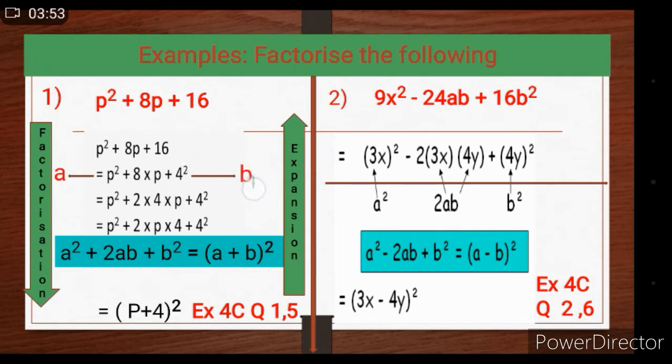After identifying the first term and second term, now split 8p as 2ab, where a is 4 and b is p. Using this identity, after this step you will have p plus 4 whole square, because p is the first term, 4 is the second term, and the plus sign is because of plus 2ab. When we factorize this expression we get p plus 4 whole square.